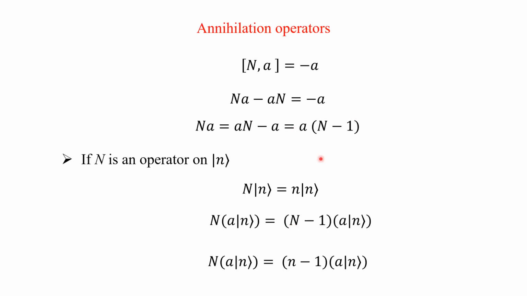So I have taken this a times N minus 1 as N minus 1 a. So when the annihilation operator acts on ket n, you will get N minus 1 a ket n. So N minus 1 acting on ket n, you will get small n minus 1. So when the annihilation operator acts on ket n, the energy level is reduced by 1. That is, when a acts on n, the nth state will become the n minus 1th state.